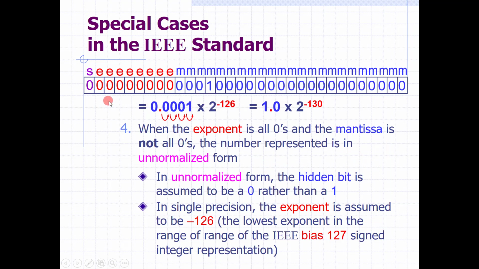So this is kind of neat that it allows us to store tiny numbers. The tiniest number I could write here would be all zeros in the mantissa, and then in the last bit, put a 1. That would be the smallest IEEE 32-bit number that I could store. So this one is small, but not the smallest.